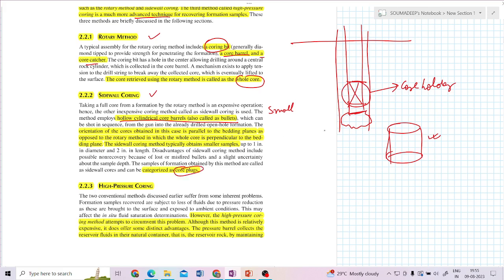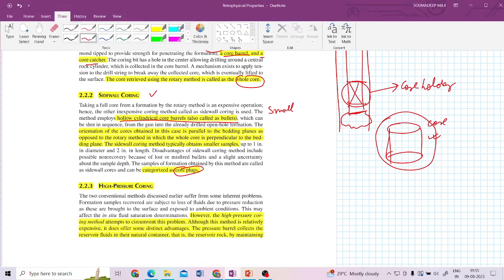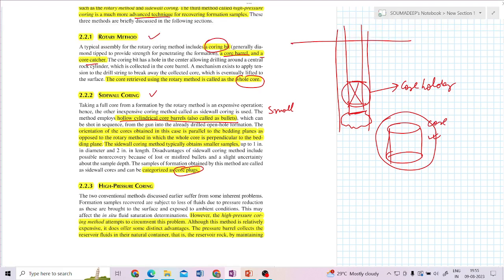What are core plugs? We have seen this is a core. Core plugs are very small. If I compare the size, it's just like this. It is very small. You can see this.